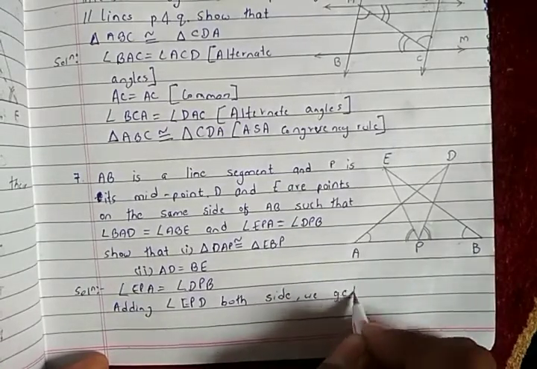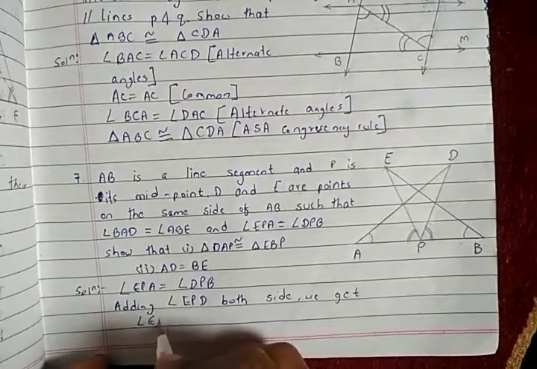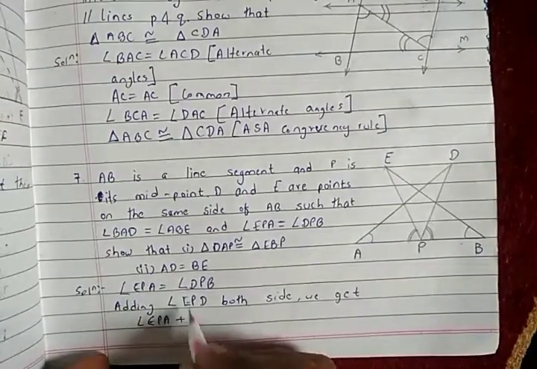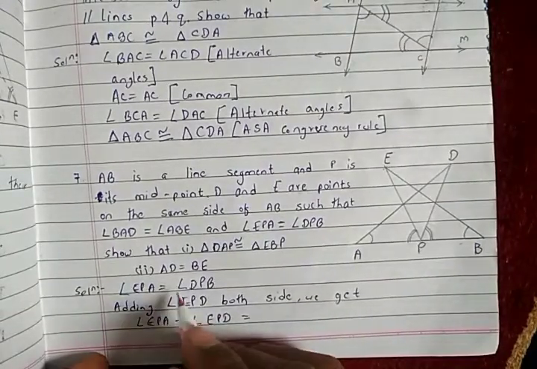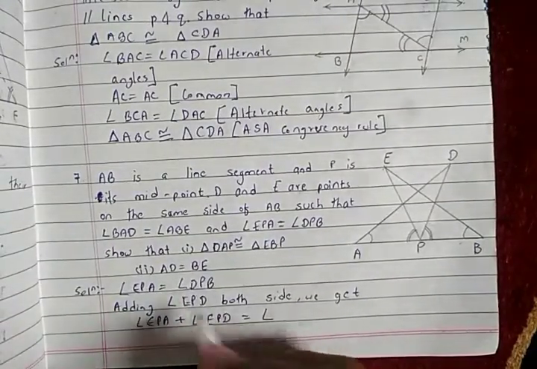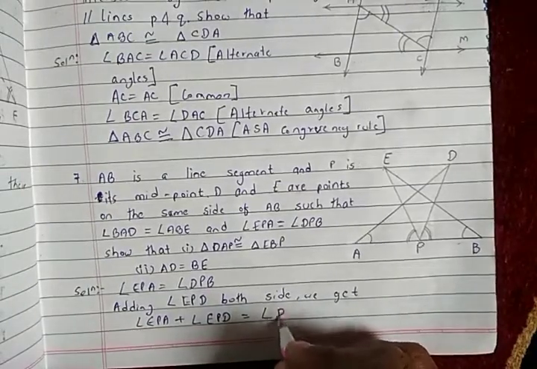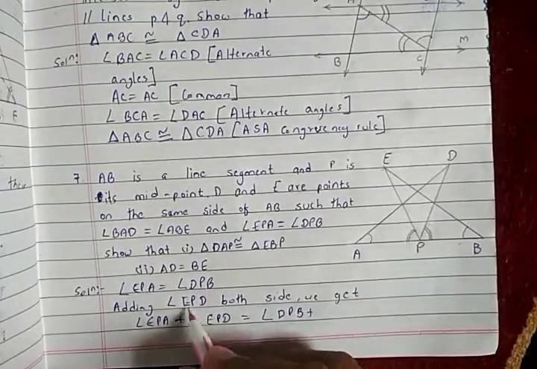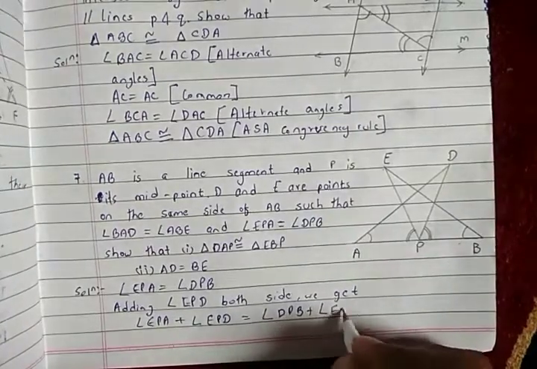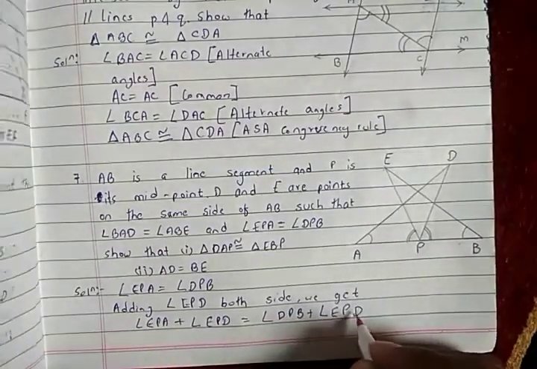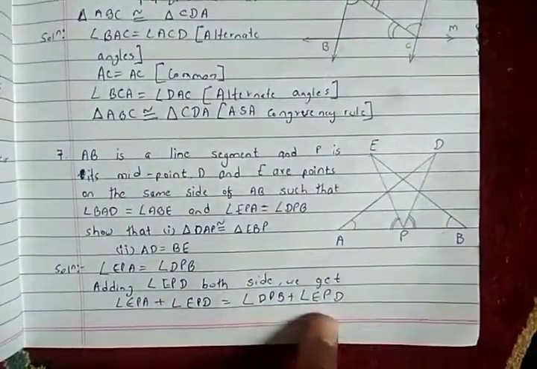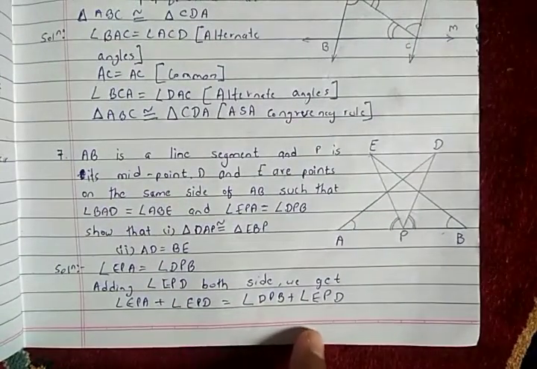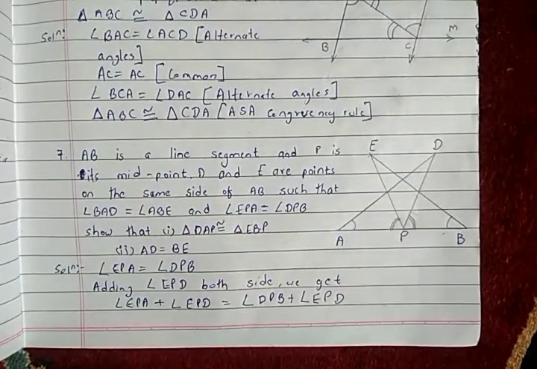We get angle EPA plus angle EPD equal to, the equal sign will remain as it is, and angle DPB plus angle EPD. You have to add EPD on both sides, right? You remember Euclid's axiom, right? If equals are added to equals, the wholes are equal.